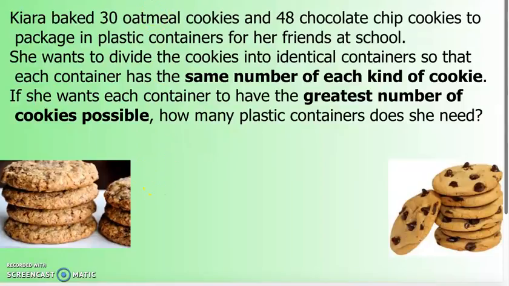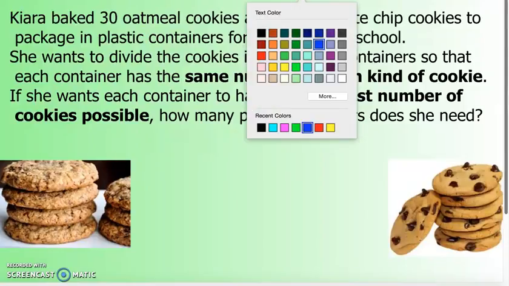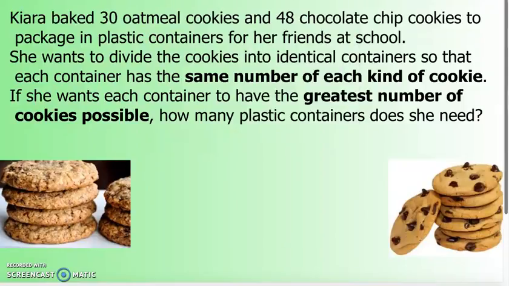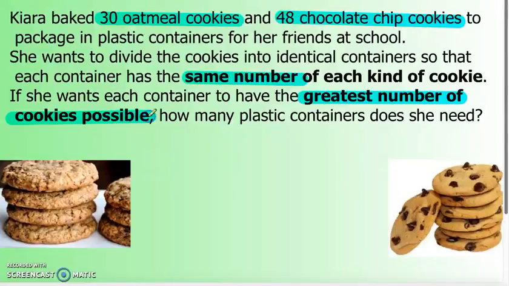Okay, so first of all, 30 oatmeal, 48 chocolate chip. It's making me hungry. And we want the same number of each kind. If she wants each container to have the greatest number of cookies possible, how many plastic containers does she need?